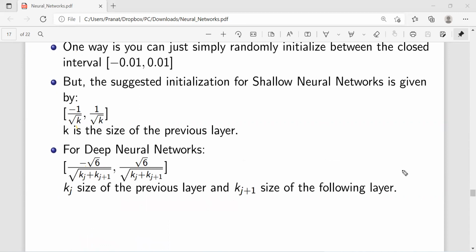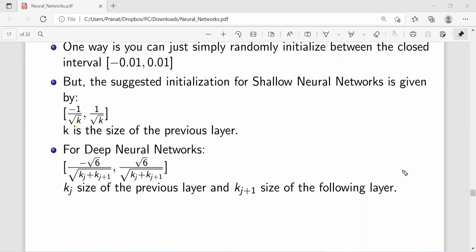A better way for shallow neural networks with no dense layers is to initialize weights in this given interval, where k is the size of the previous layer. So how many neurons? Suppose we have 3 neurons. And for deep neural networks, which have dense layers, we use this formula to initialize weights.